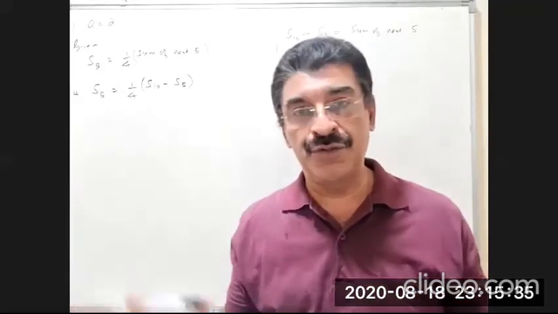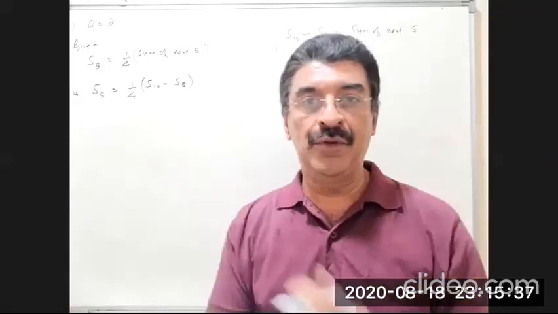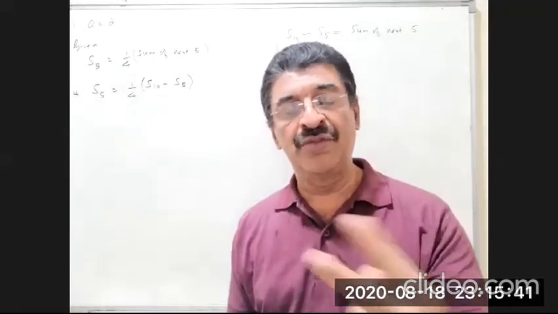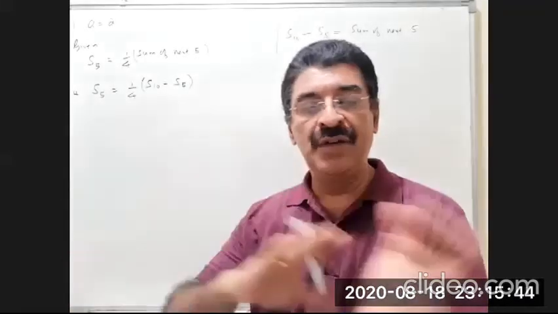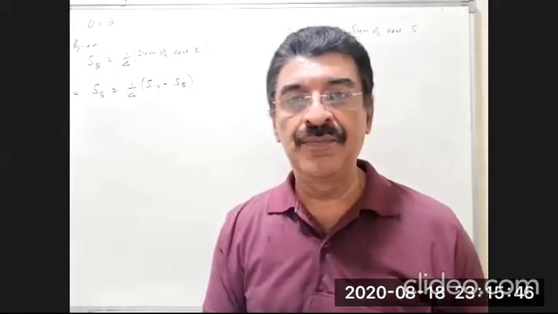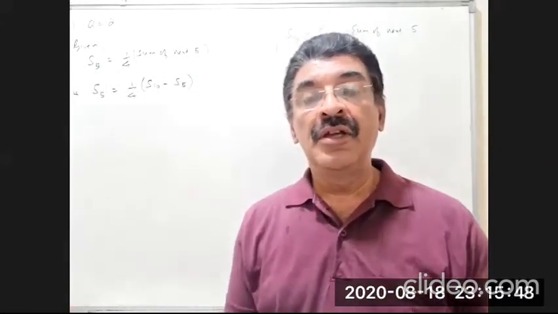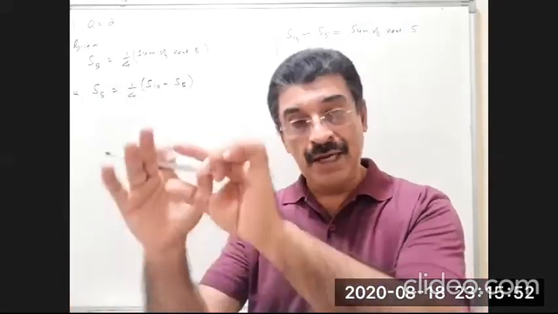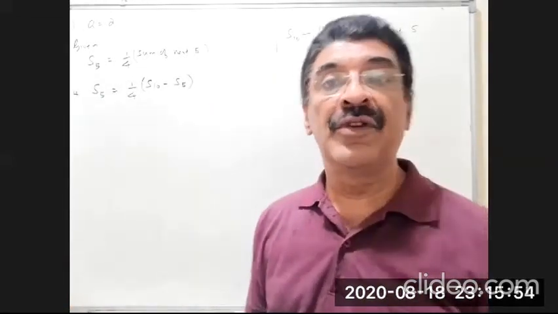From that we can proceed. So whenever a relation connecting two terms, two sums, or a sum and a term is given, always write the formula and get the relation in A and D.